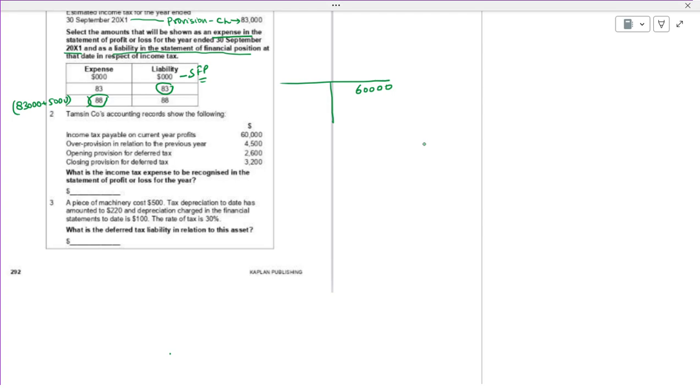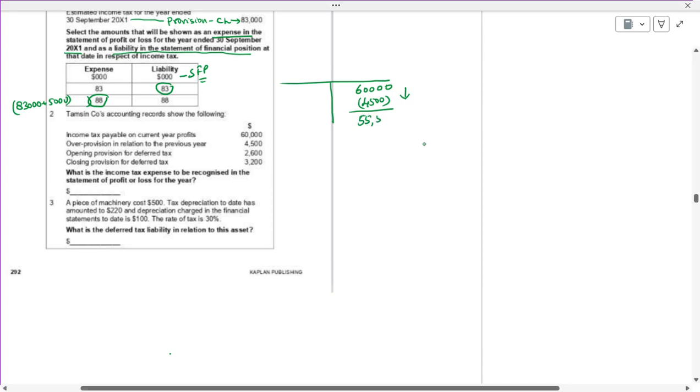If they have made an over provision in the previous year, then the current year charge will decrease by how much? By 4,500. It will come to 55,500. Now, opening balance is how much?